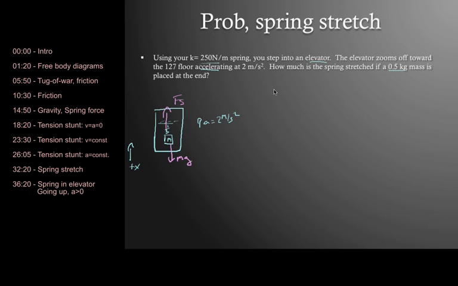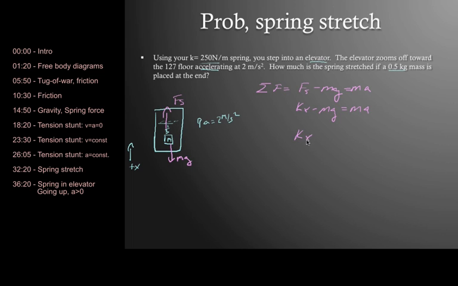Great. So the sum of my forces is going to be Fs minus mg, and that has to be equal to ma. So now Fs is just kx minus mg equals ma.